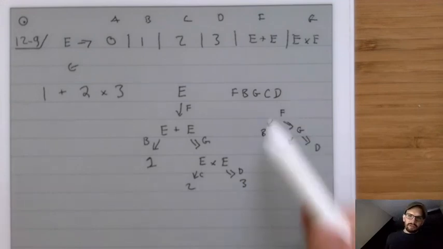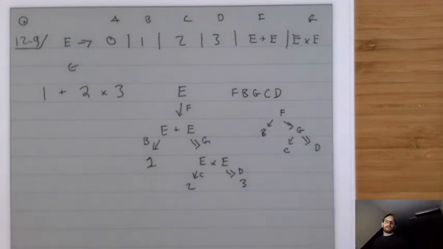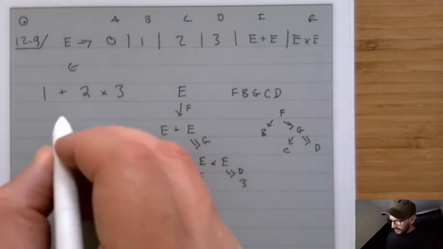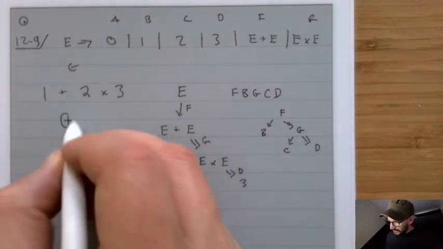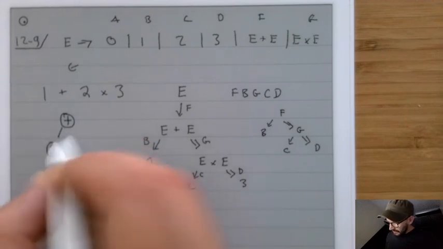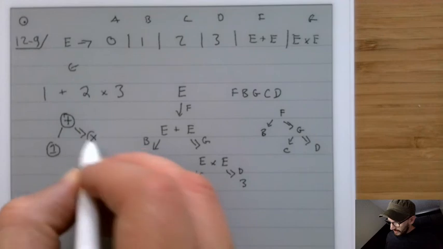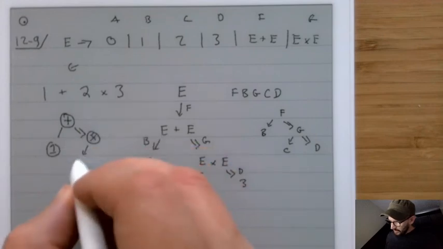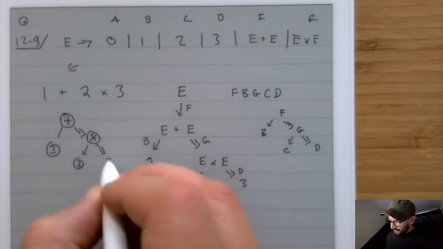Well, this tree right here is very useful for a programming language, because we could turn it into a data structure that says, first you do plus, and you do plus on a 1 and the result of doing a times on a 2 and a 3.